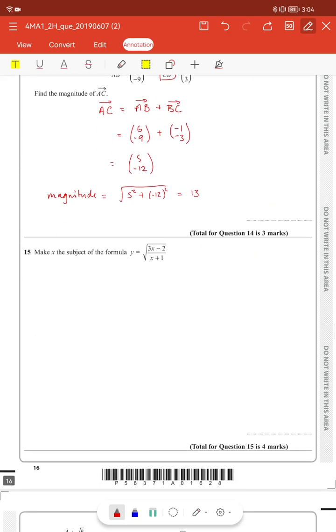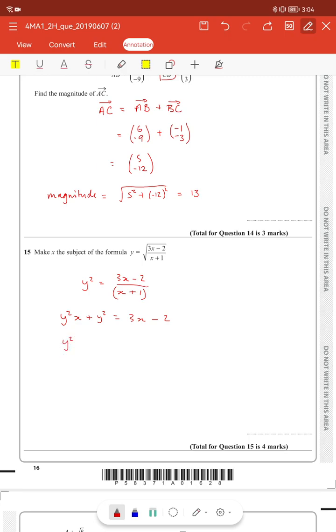Make x the subject, so what we're going to do is square both sides. Minus 2 over x plus 1. Multiply the whole thing by this, so I get y squared x plus y squared is equal to 3x minus 2. And I'm going to take all the x's on one side and the y's on one side.